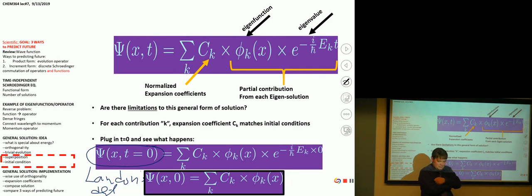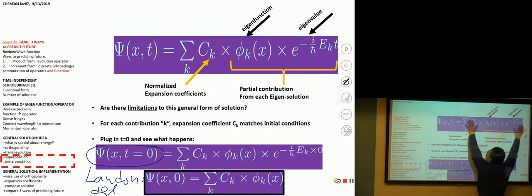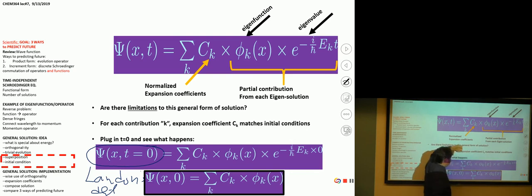So we do have a task. I have a task. You just listen and enjoy or tolerate it. Find values of C sub k that will convert this general solution into a specific wave function that we can call psi of x comma 0 for time equals 0.